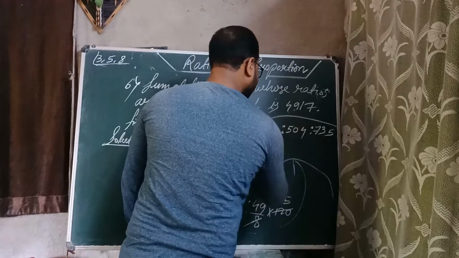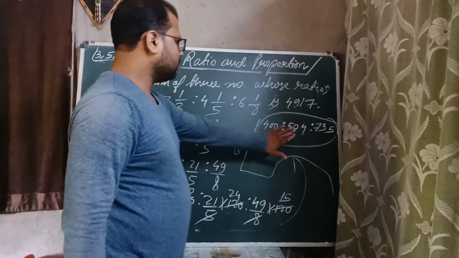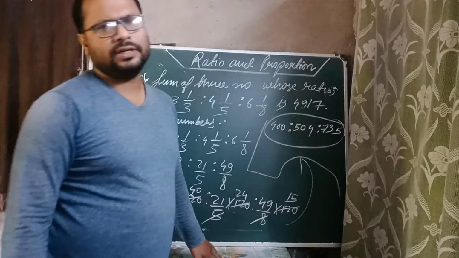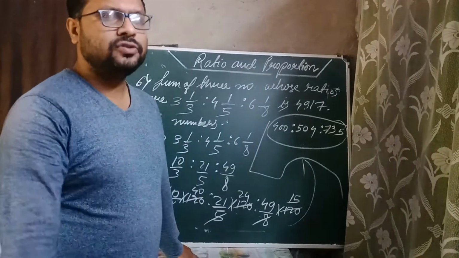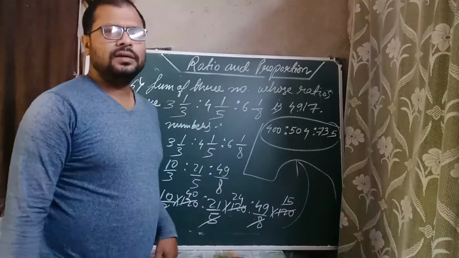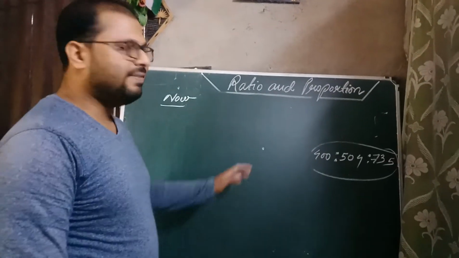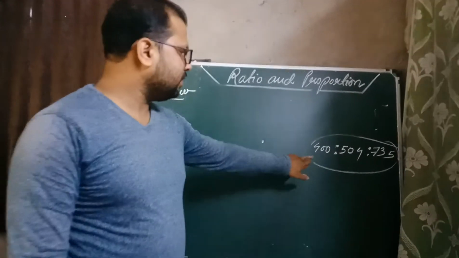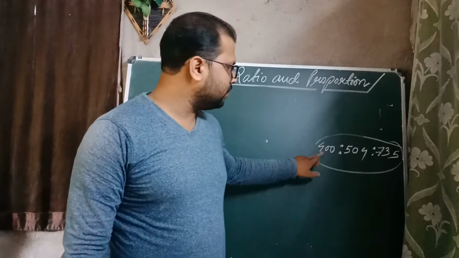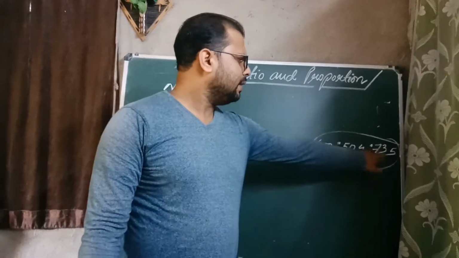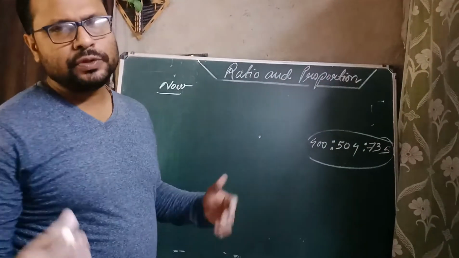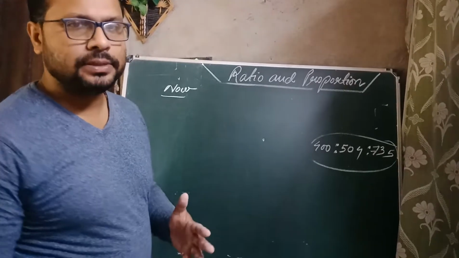Okay, students, so this is the simplified ratio I have got, and now I will solve further to get the exact numbers. As you have got the simplified ratio 400 is to 504 is to 735, when ratios are there, we have to consider them in terms of variables also.